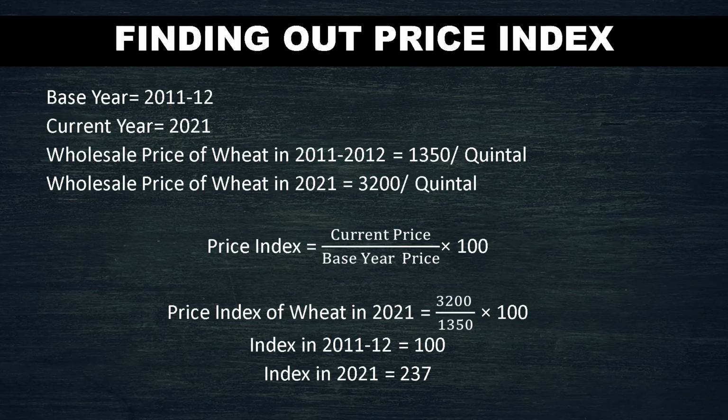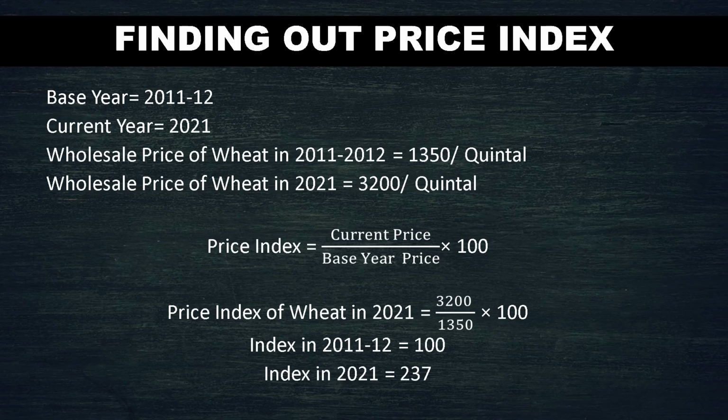Now here is the formula for calculating the price index. You can see in the box. Price index equals the current price of the commodity, that is the price in 2021, which is 3200, divided by base year price, which was 1350, into 100.